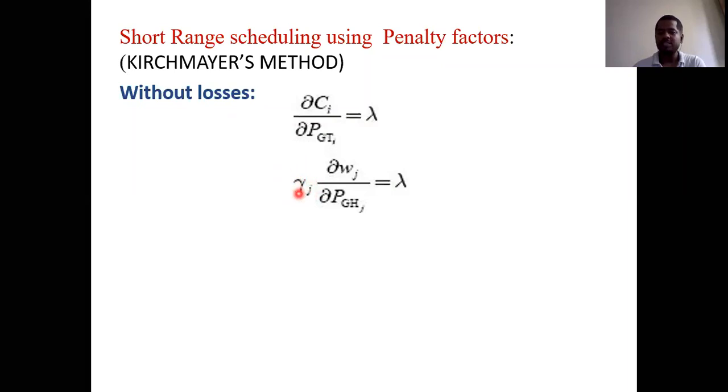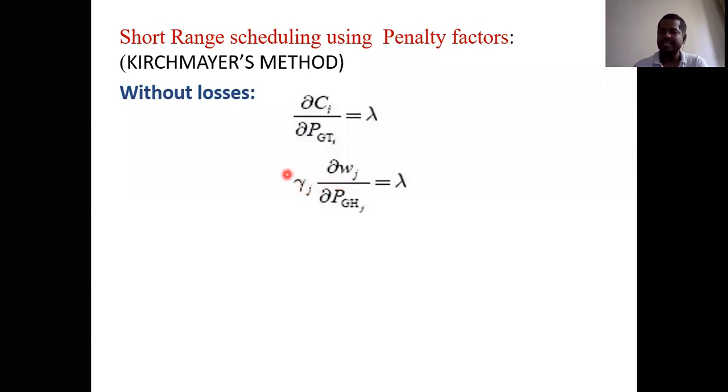This gamma is called the fictitious cost of the hydel power plant. Listen very carefully: the significance of gamma is that it converts the water inflow rate to the incremental fuel cost of the hydro power plant.